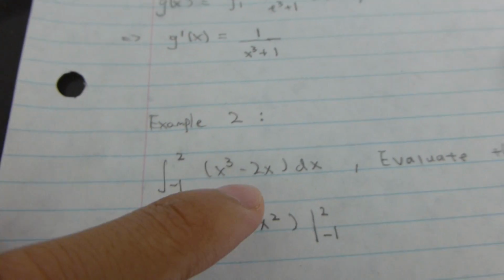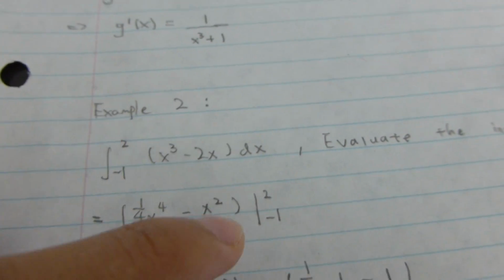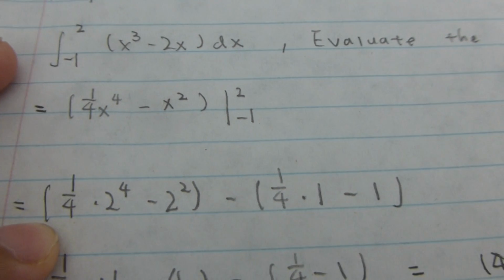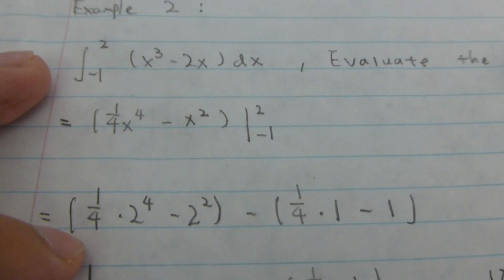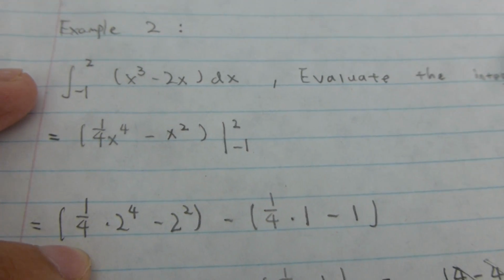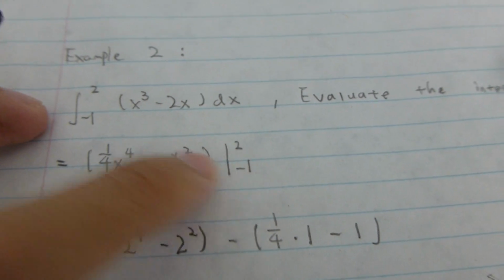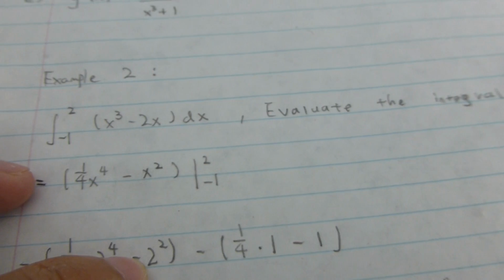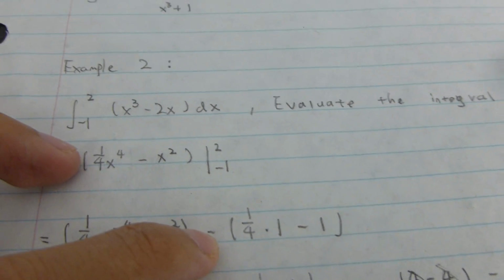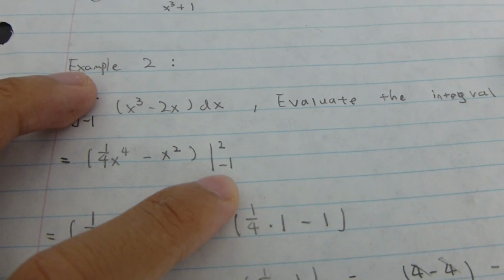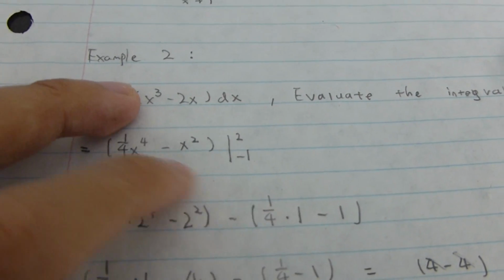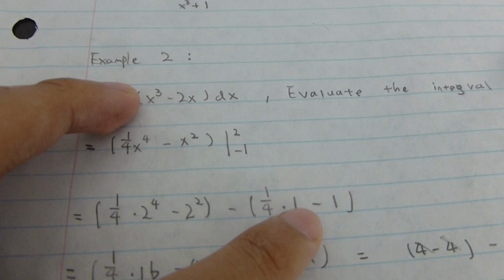Now everything we have to do is plug in the numbers. Here we got 1 over 4 x to the power 4 minus x squared. We plug in 2: 1 over 4 times 2 to the power 4, minus 2 to the power 2. On the other side we subtract the value at negative 1: negative 1 to the power 4 is 1, and negative 1 to the power 2 is also 1.